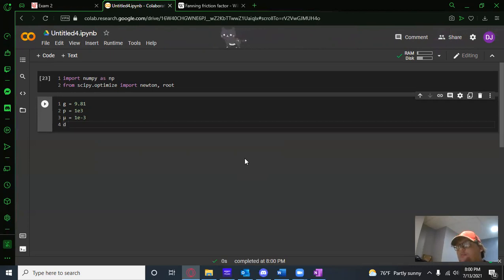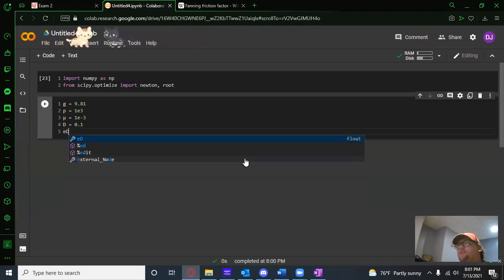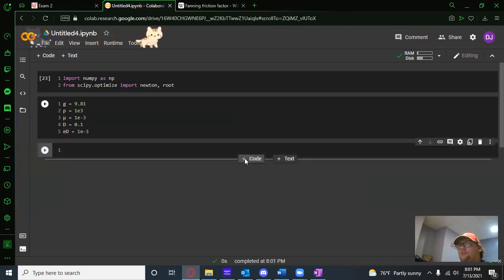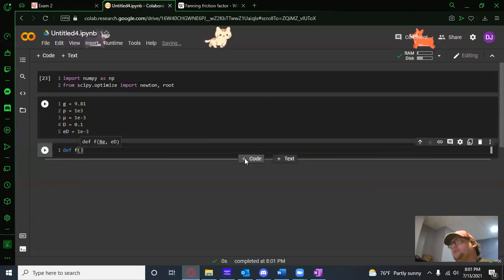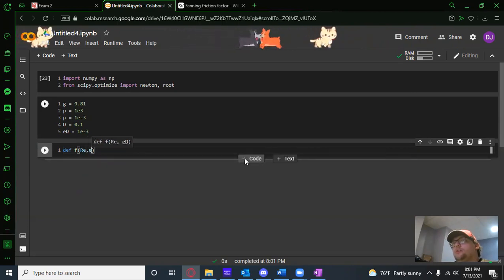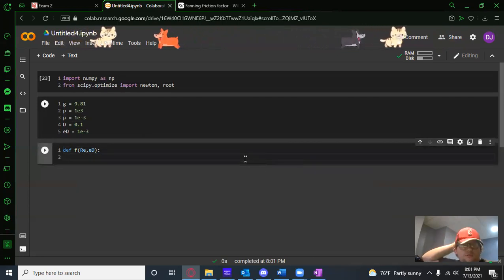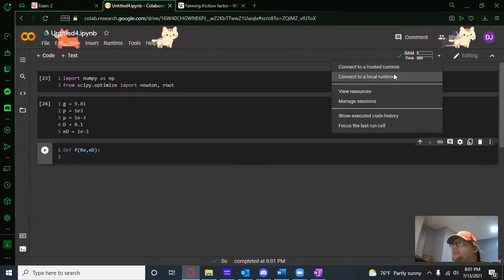And then our diameter of the pipe and our roughness of the pipe. That's it. So our first thing we're going to do is find the friction factor for our function using Reynolds number. Let me reset my runtime real quick.